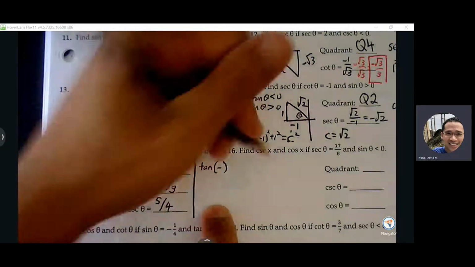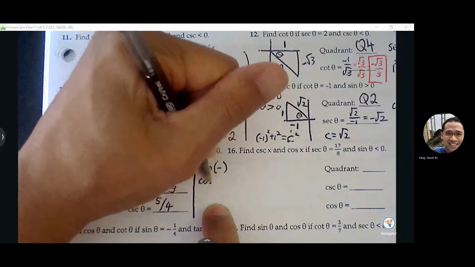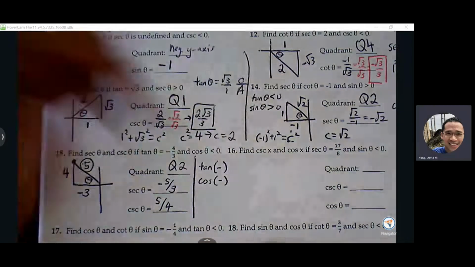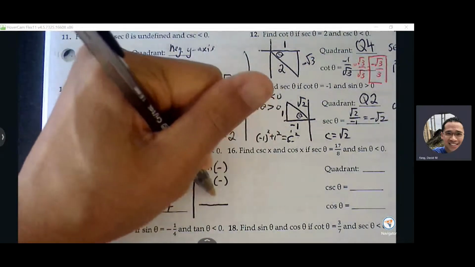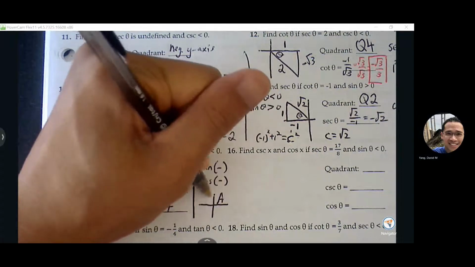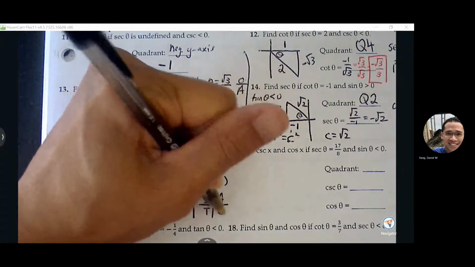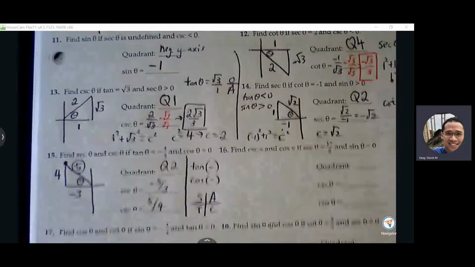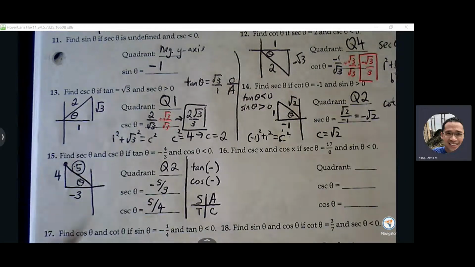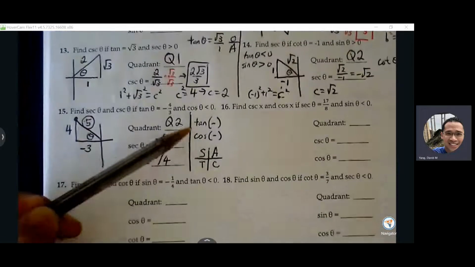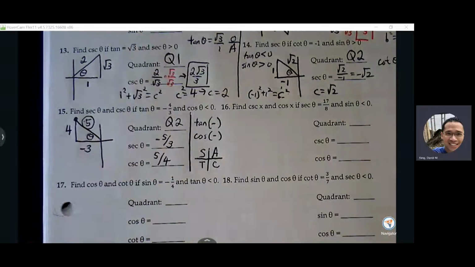And then cosine is negative. And then I'll put this ASTC. The question that I was asking yesterday was, which quadrant must it be if tangent is negative and cosine is negative? But I think it feels confusing because maybe there's too many things going on.